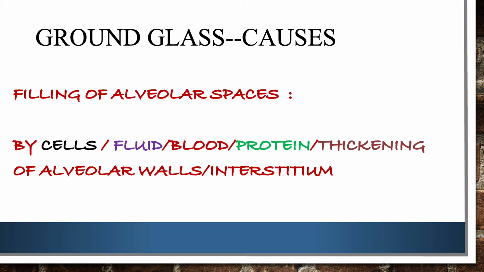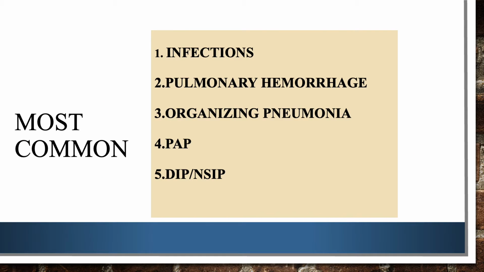Then the ground glass pattern is visible. The most common causes from a clinician's perspective are infections, pulmonary hemorrhage, organizing pneumonias, pulmonary alveolar proteinosis, and ILDs like NSIP and DIP.